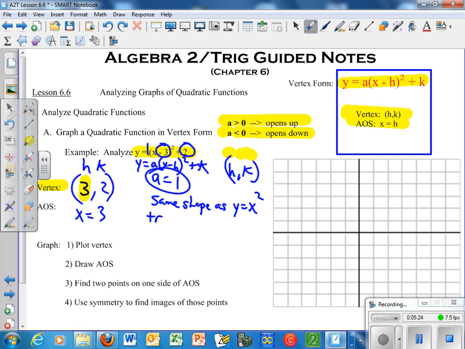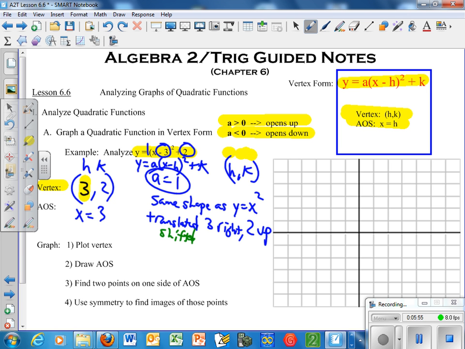Shifted or translated 3 units right, 2 up from the origin, because for y equals x squared, the vertex was at the origin. So if I think of it that way, it's translated. Another name for translated is shifted.